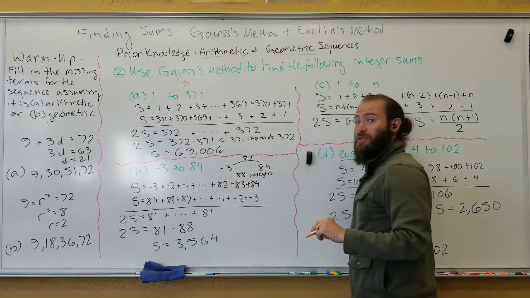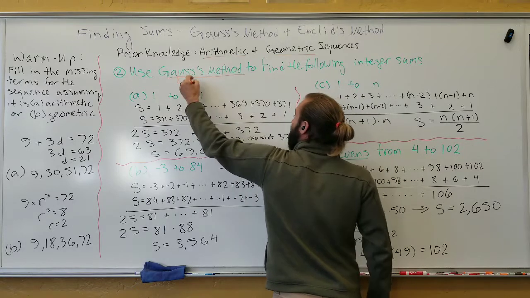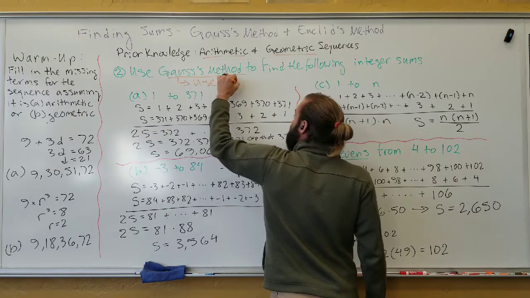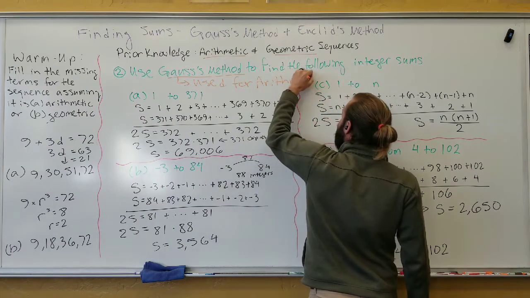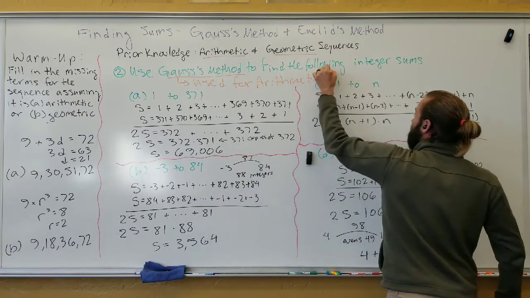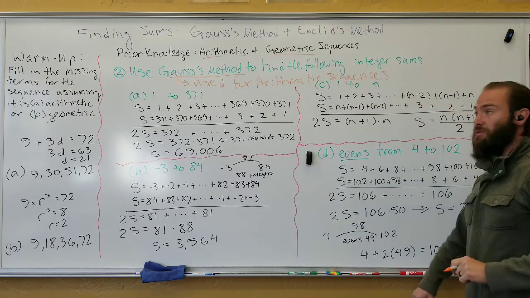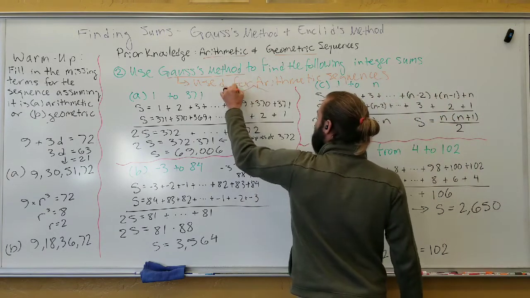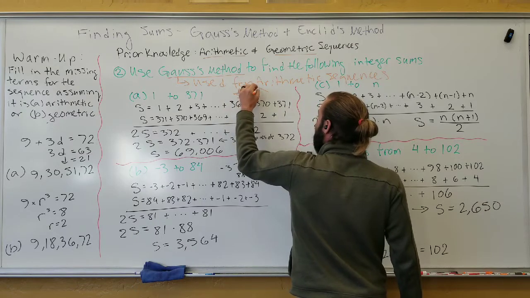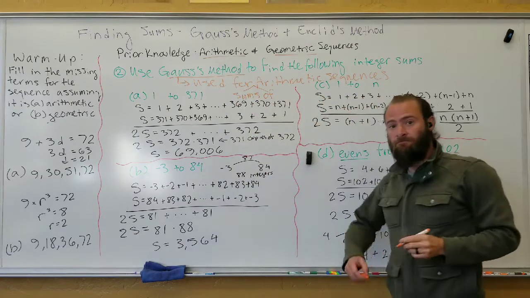So an important takeaway that you need to write down right now is that Gauss's method is used for arithmetic sequences. I guess I should say sums of arithmetic sequences, just to make sure we're clear we're talking about adding up the terms in an arithmetic sequence.